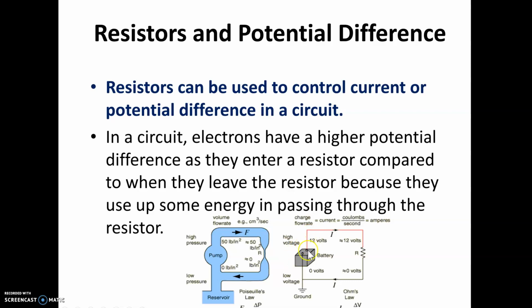As the electrons move around the circuit, when they leave that battery, they've got 12 volts, lots of electrical potential energy, as they come through this first resistor. This is that resistor symbol. They lose all that potential energy, and from here to here across that load is again 0 volts. So resistors can be put in place like so to reduce the flow of electrons on purpose.